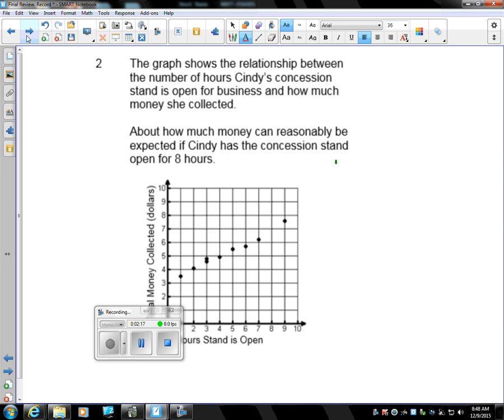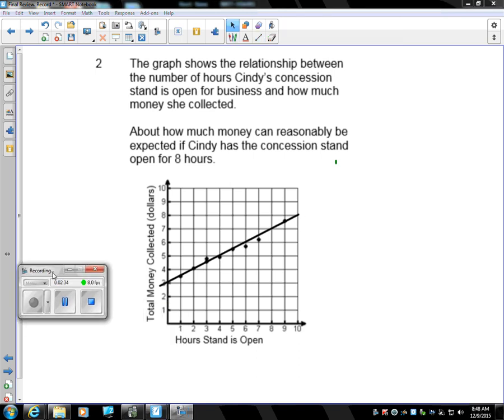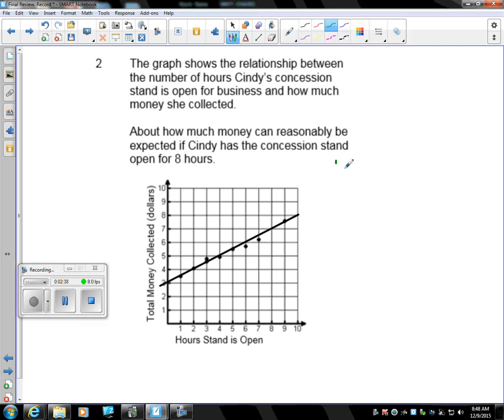Number 2. You're going to work the same way that you did number 1. You're just going to take your pencil and draw a line of best fit or a trend line like this. And what we use a trend line for is to predict.